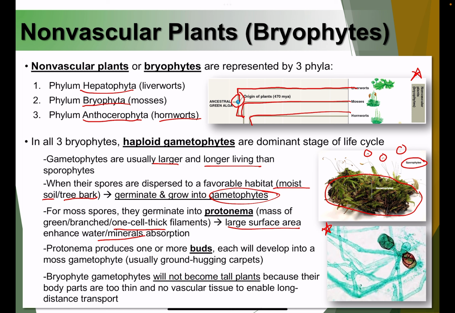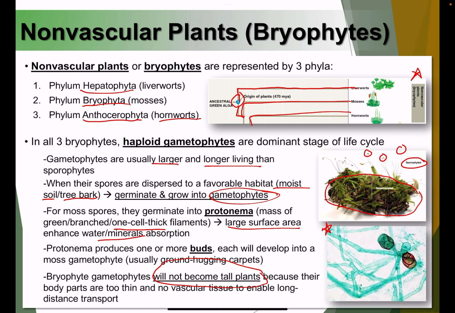Now, bryophyte gametophytes will not become tall plants. They can never do that because their body parts are just too thin. We just said they start from protonema, and these protonema are only one cell thick filaments, not very thick things. They're too thin, and second, they also have no vascular tissue that enables long distance transport. That's an important thing.